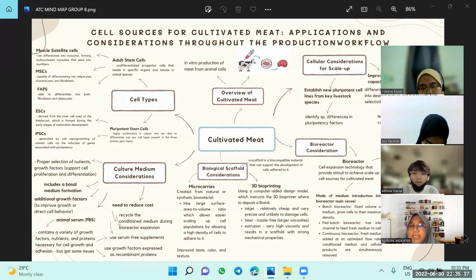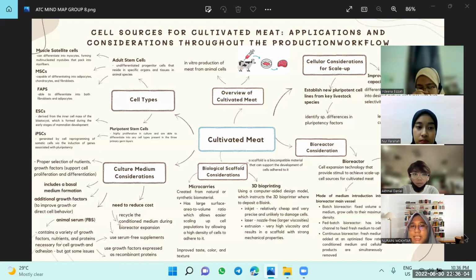The first one is the embryonic stem cells, or ESC. The ESC can divide indefinitely in vitro while maintaining the capacity to generate all the cell types of an adult organism. But it is often difficult to obtain due to the short lifespan of the blastocyst.